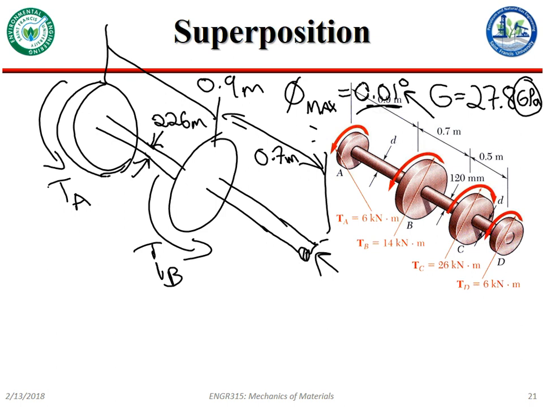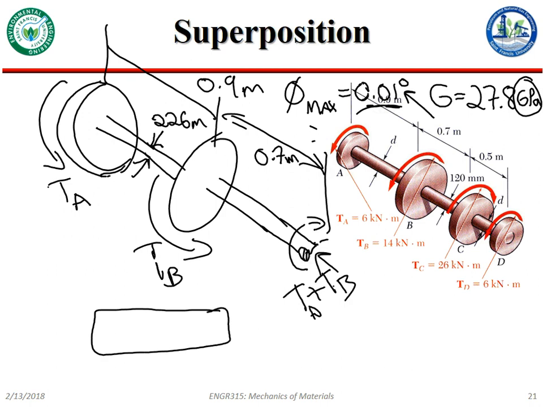Since TA and TB are both going in the same direction, this end has to react the combination of them both. Just like when you had, I think in the first or second homework assignment, the horizontal column with a couple different external forces acting on it, and you had to go across that column and add or subtract forces as you went across. You have to do that same thing here, but with torques.